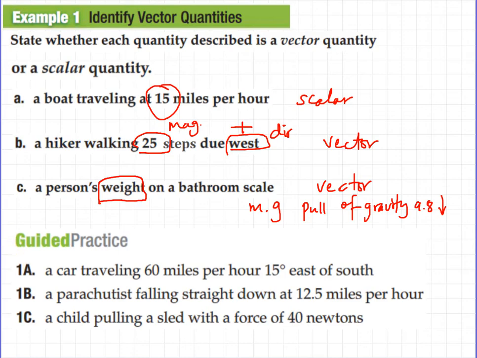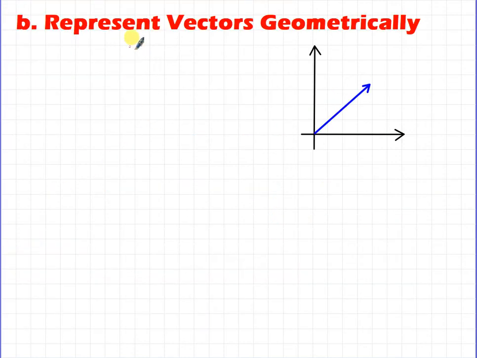Second part is how to represent vectors geometrically. First, a vector can be represented geometrically by a directed line segment or arrow diagram, as you see here. This arrow diagram shows both magnitude and direction. Now, if I consider this line segment, it has an initial point here, the point where this arrow starts from, and it's called the initial point.